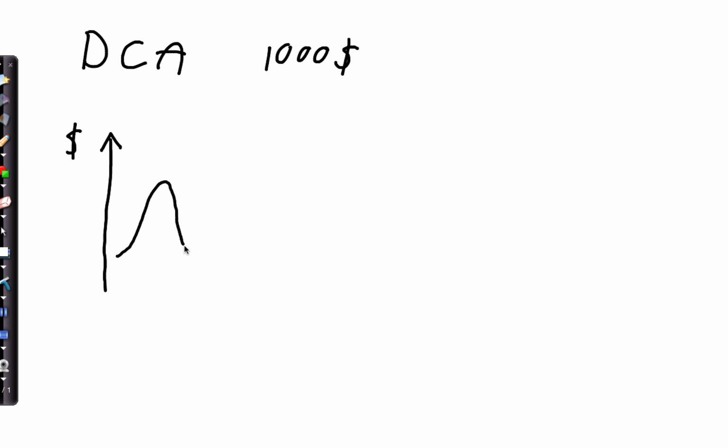And here we have the time. Okay, so let's say that the first interval is here, the second one is here, the third one is here, and I don't know, the fourth one is here.